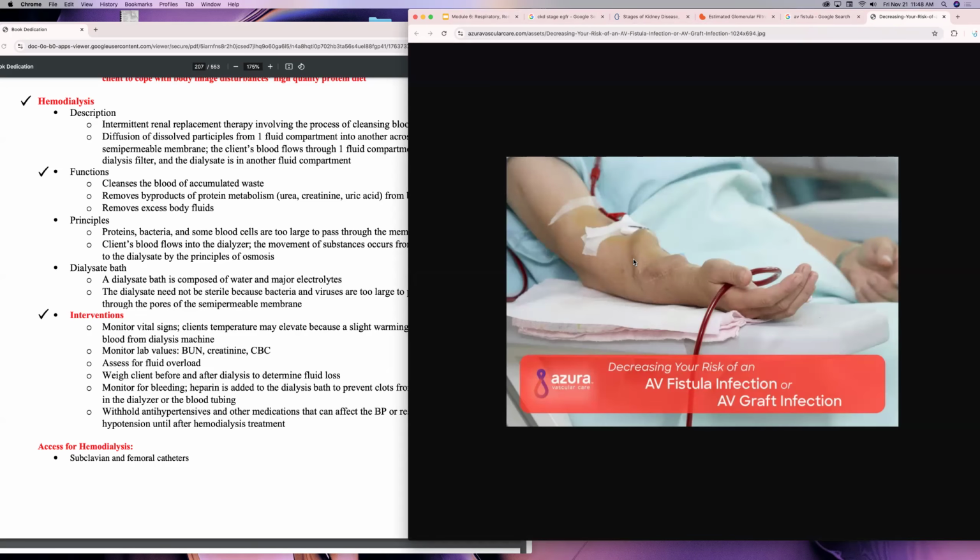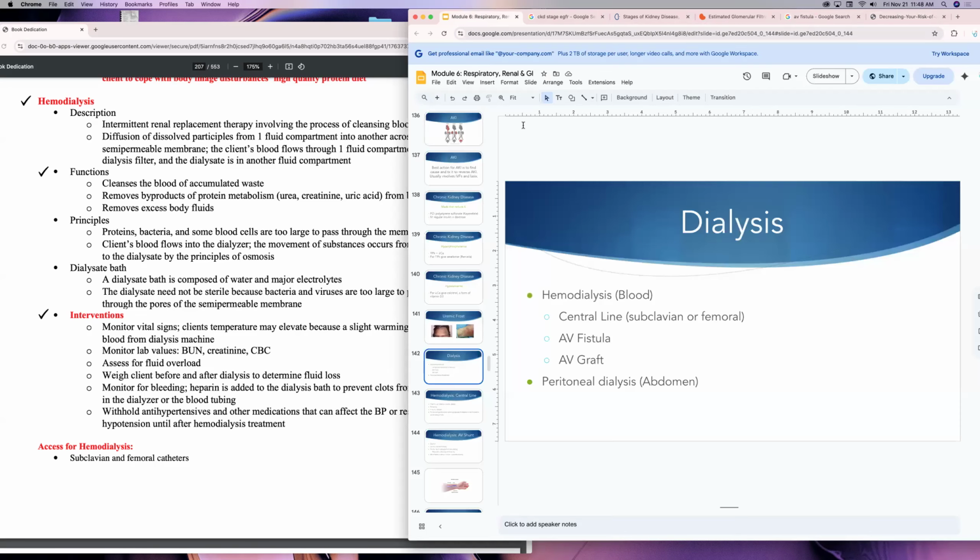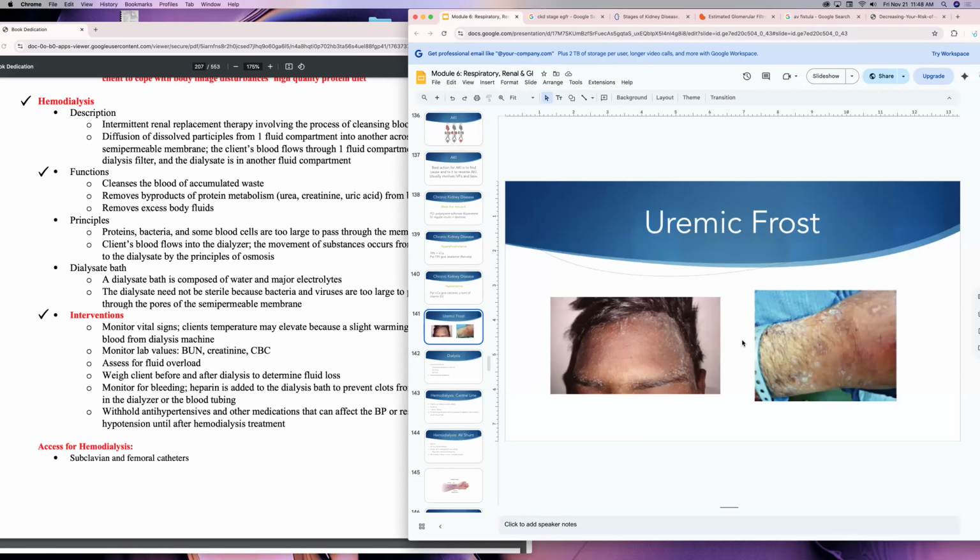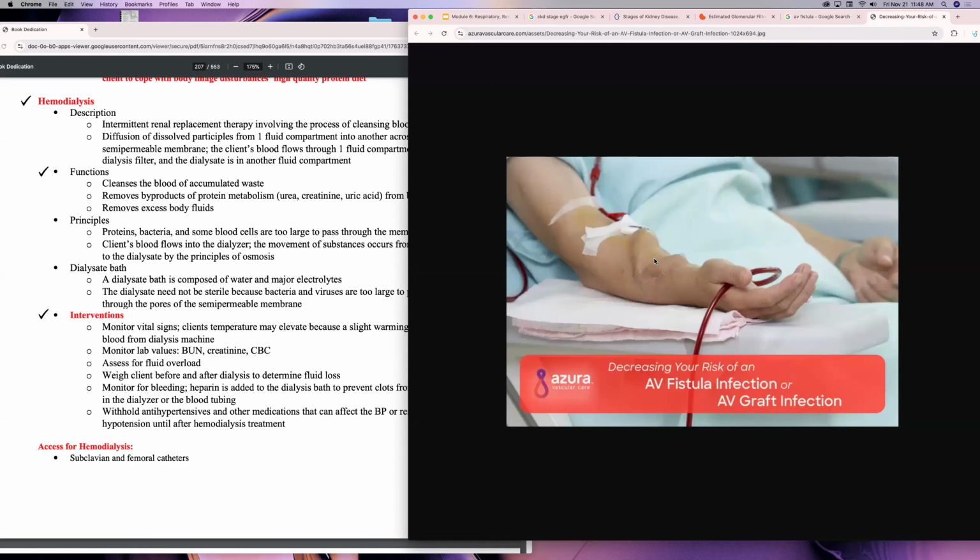So you can imagine, if the patient has the uremic frost and they are having issues with sex, and they have this, and they have to do dialysis 3 days a week for 4 or 5 hours, and they have financial issues affording their medications, it's a lot on the patient, right?